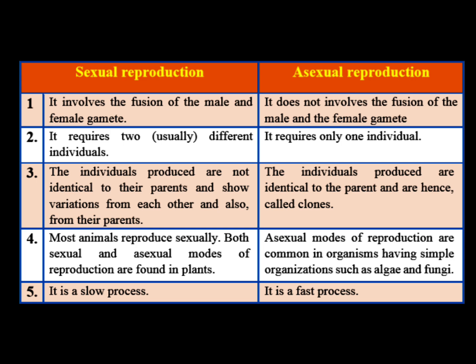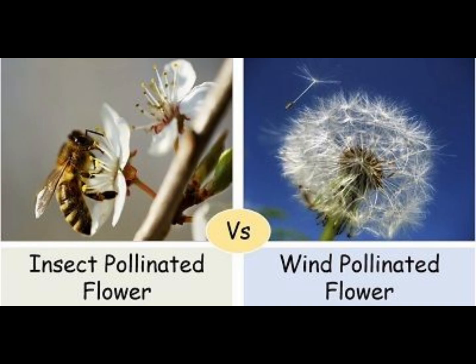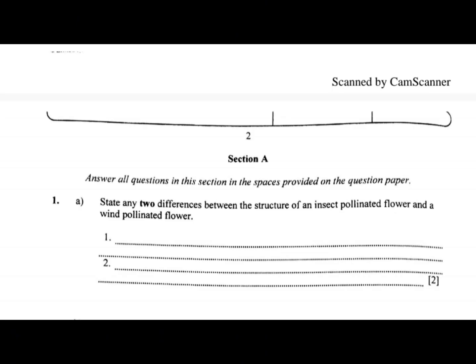We are also expected to know the differences between wind and insect pollinated flowers. It was in June 2019 on number 1A. It was reading, state differences between the structure of an insect pollinated flower and a wind pollinated flower.